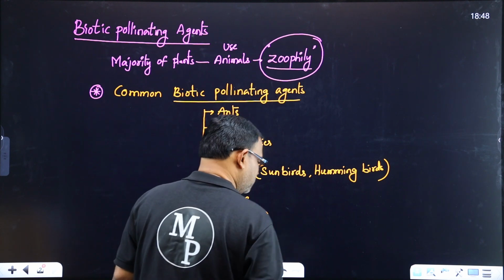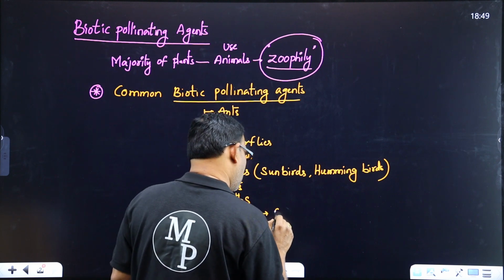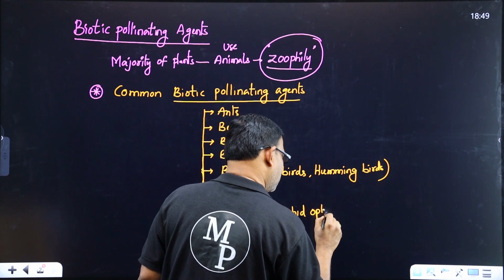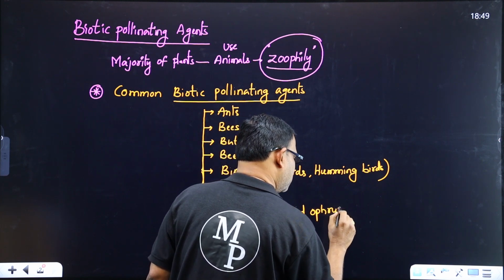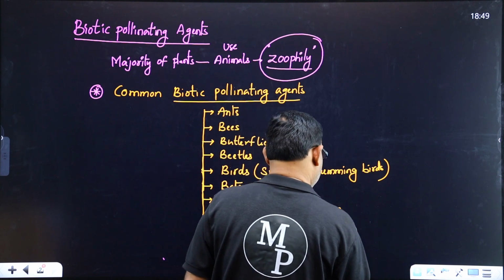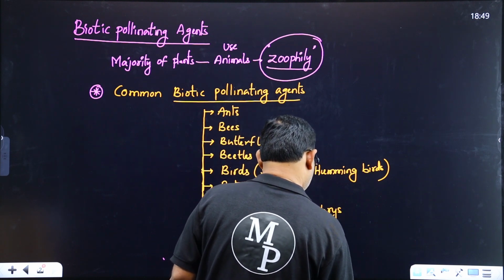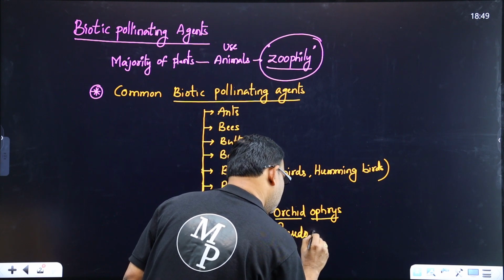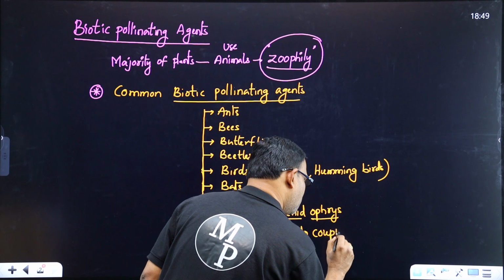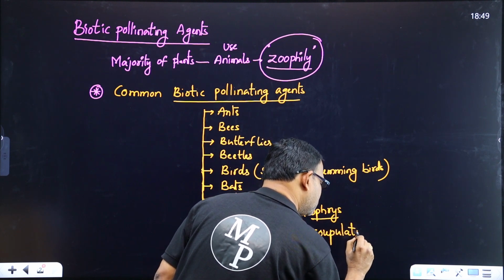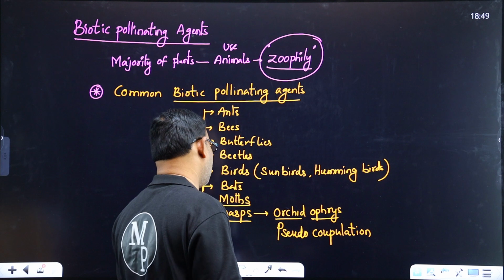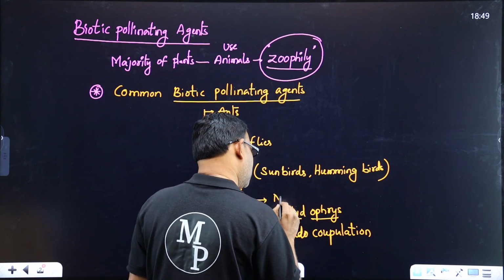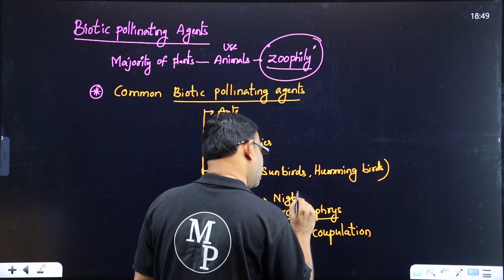Wasps pollinate the orchid Ophrys plant by the pseudo-copulation method. Important. Moths can pollinate the flowers of night flowering plants.